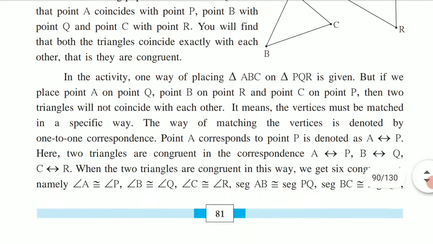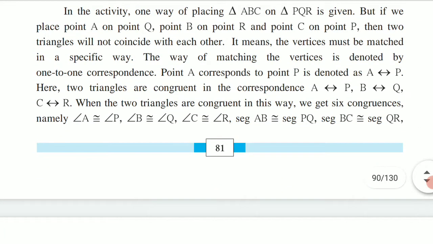In the activity, one way of placing triangle ABC on triangle PQR is given. But if we place point A on point Q, point B on point R, point C on point P, then the two triangles will not coincide with each other. It means the vertices must be matched in a specific way.